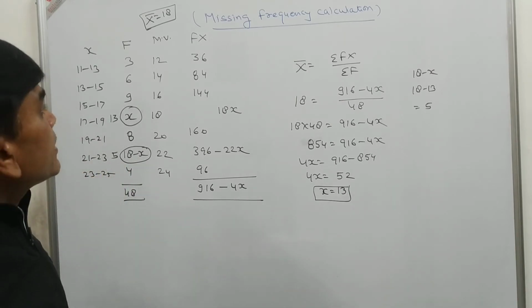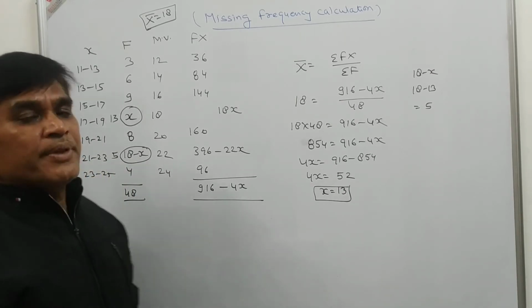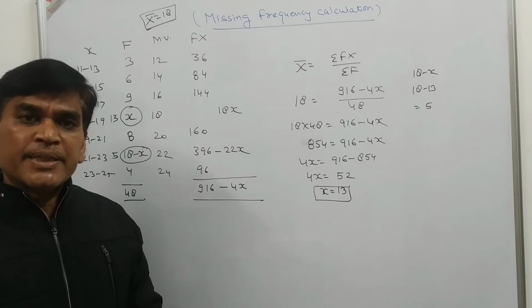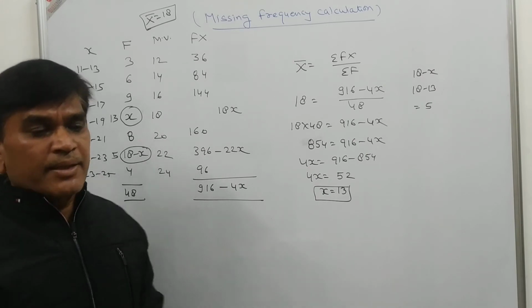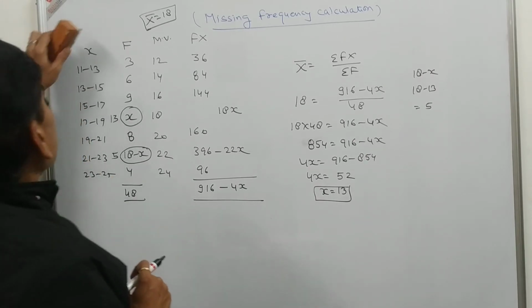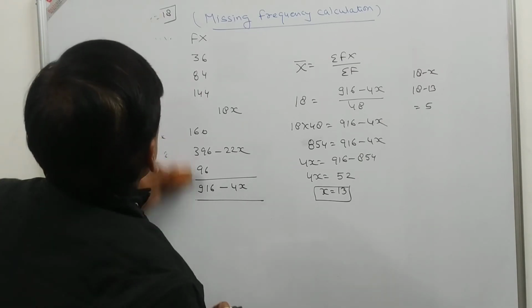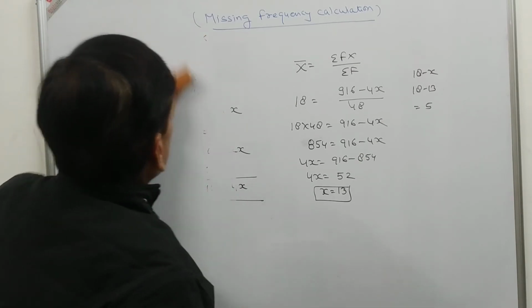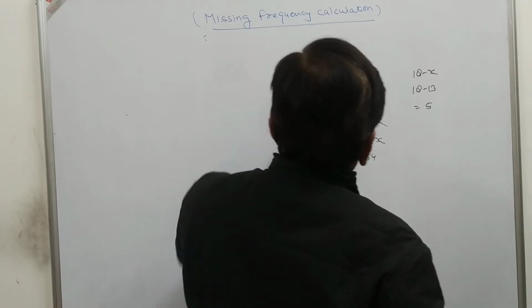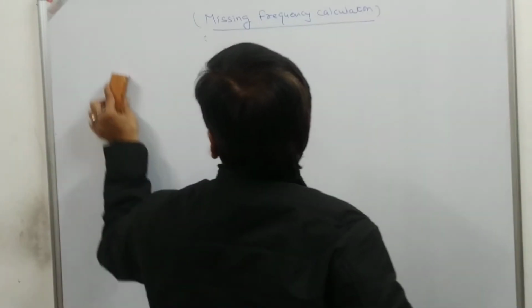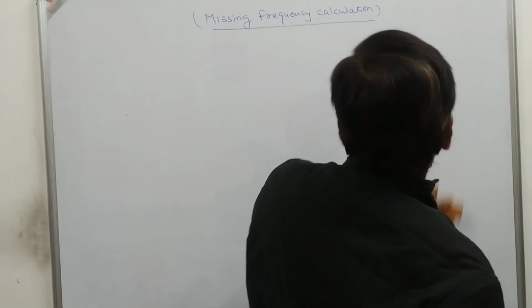So if you have two missing frequencies also, we can calculate them if the arithmetic mean is given. Again we have another question to solve the missing frequency in arithmetic mean. To save time, sometimes we have to use the calculator because the video has a limit and we can't have so long a video.